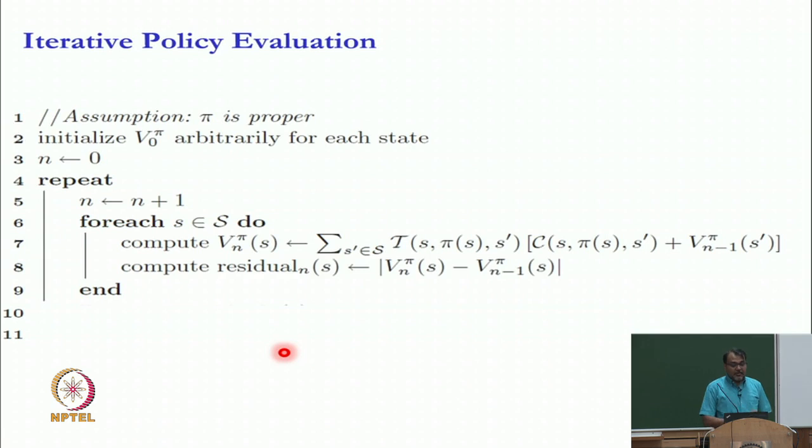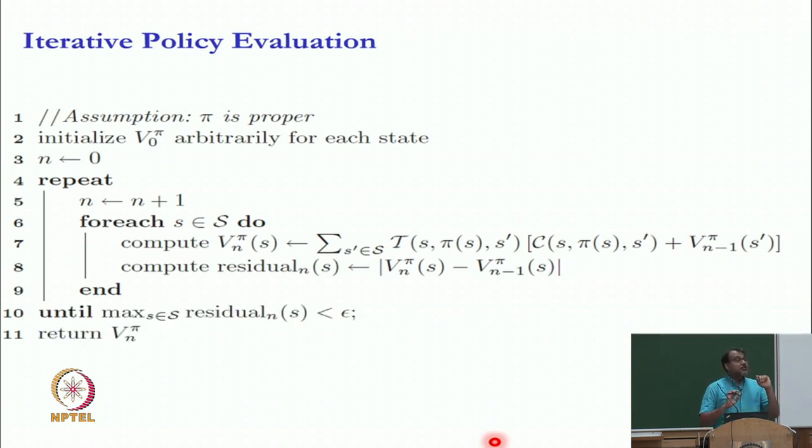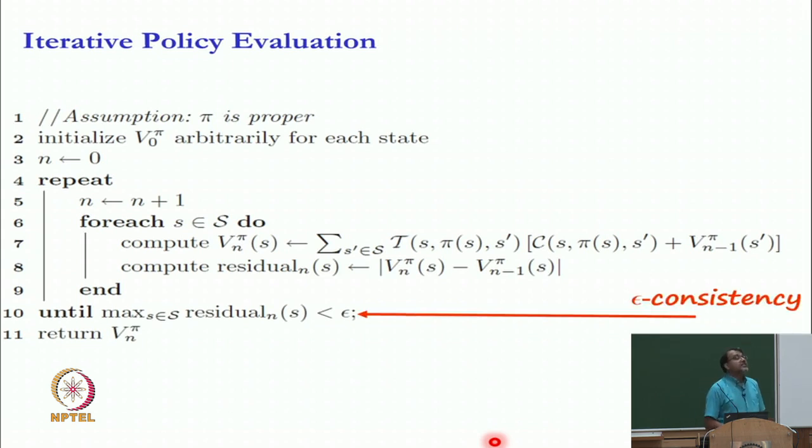So, we will also compute a quantity called residual. Residual basically says what is the magnitude of the difference between V pi of n and V pi of n minus 1. Here I am computing residual for every state, but then I will say that you will stop when your max residual is less than epsilon, and such a value function will be called the epsilon consistent value function.